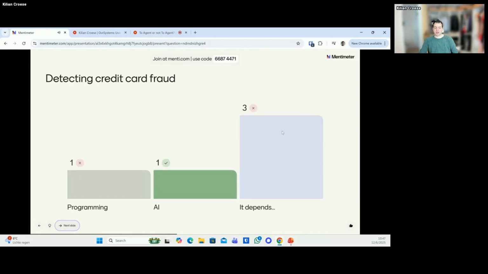Interesting. While asking it, I was also thinking a little bit about it depends. I think a combination would, in the end, be used here. The explanation why it was AI was that credit card fraud doesn't necessarily follow a pattern, and AI is much more suitable to detect certain patterns from vast amounts of data.